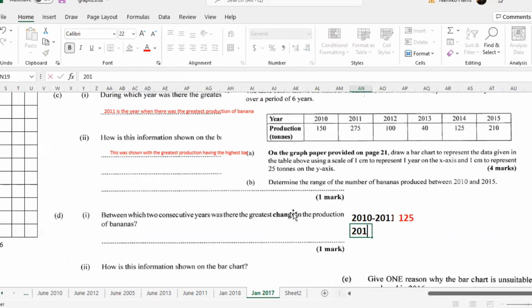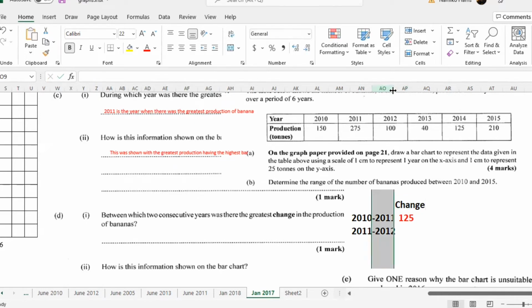So now we're looking from 2011 to 2012. Now this took a different turn. So let's just put change here, to represent this column, so we're looking at change in that column.